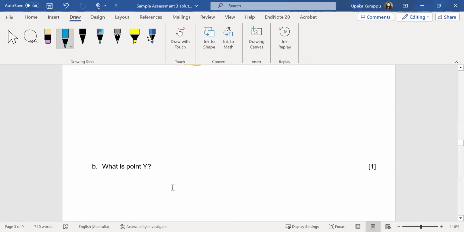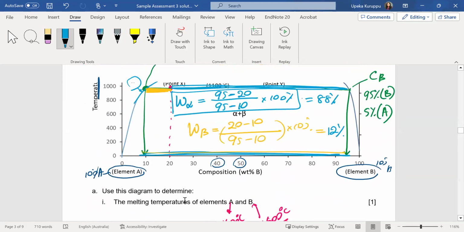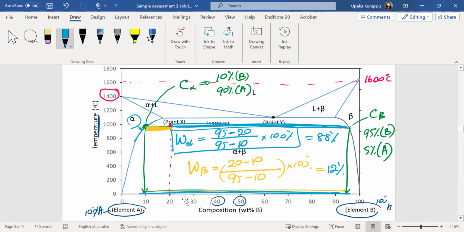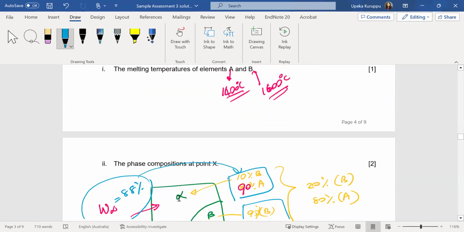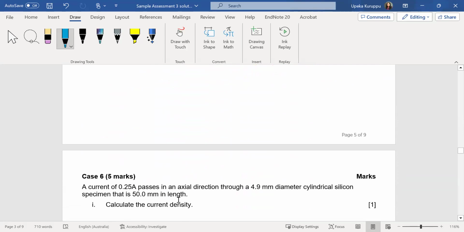Last part in this question. What is the point Y? What do we call that point Y? Eutectic point, and we know what is the meaning of eutectic. Any question regarding the phase diagrams? Point Y is the eutectic point.